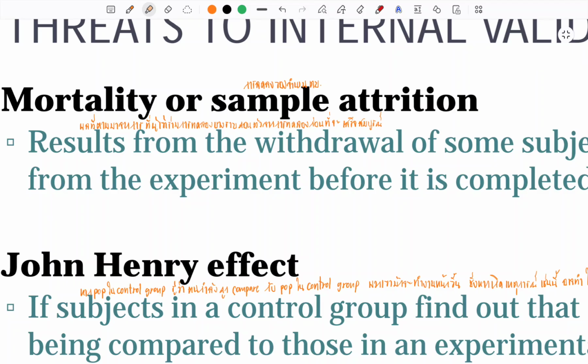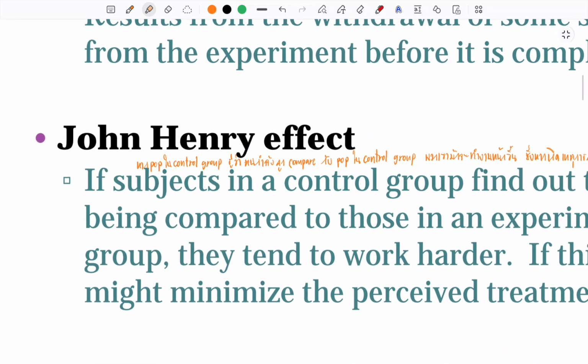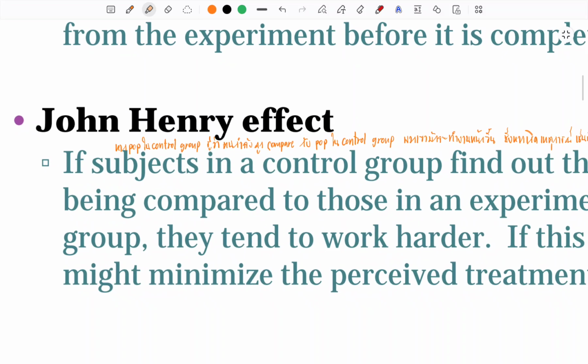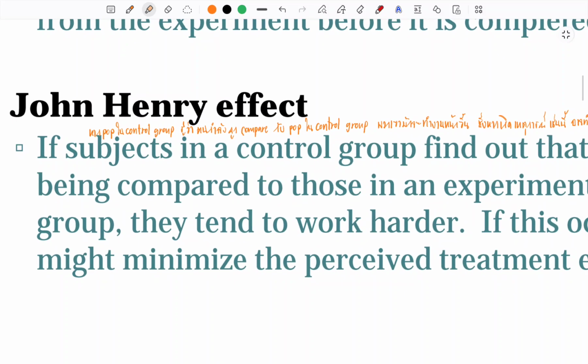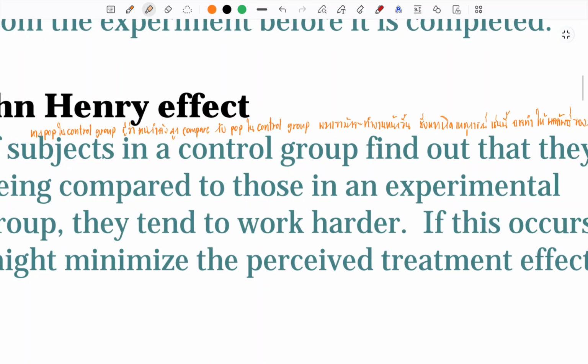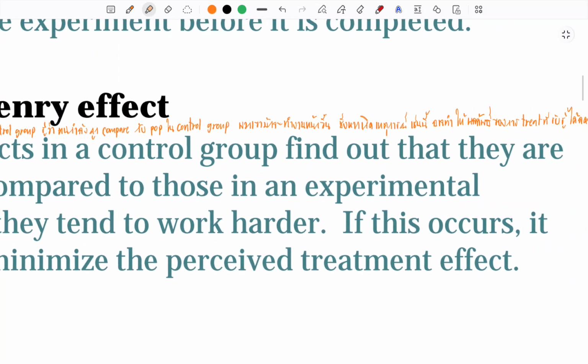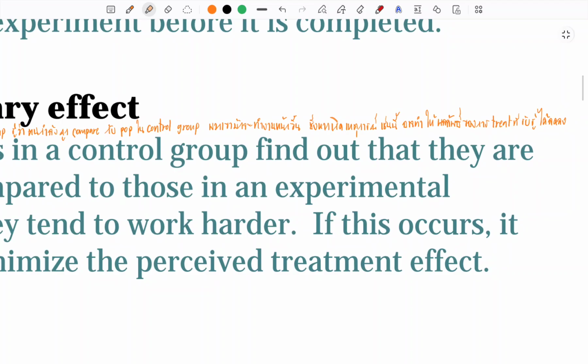And the last one we call the John Henry effect. For example, if subjects in the control group find out that they are being compared to those in the experimental group, they will try to work harder. This threat is named after Mr. John Henry, who at that time was a worker in industry. They wanted to compare machine working and human working.